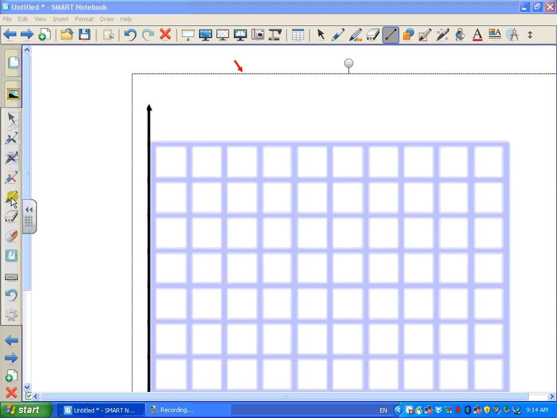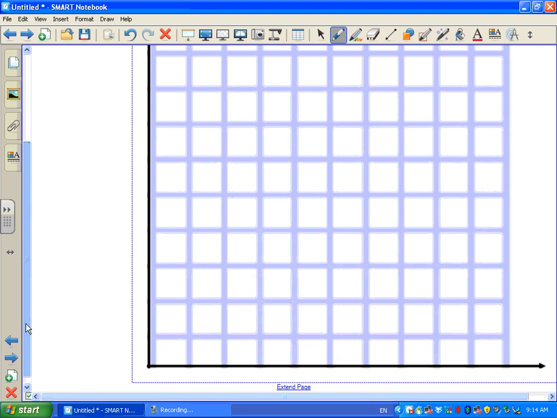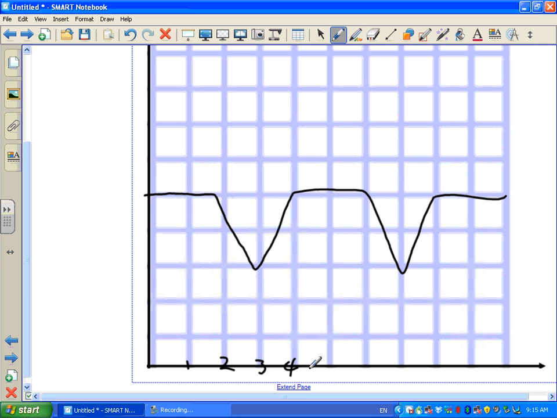Quick recap. Quadrant. Is this a periodic function? Why? What's that? It's got repetition.